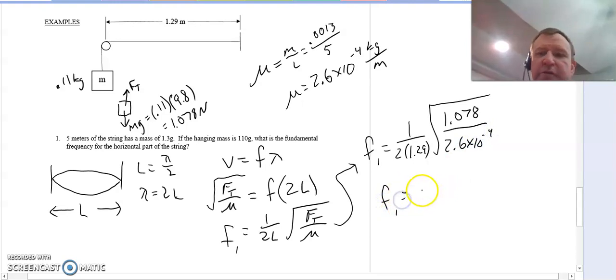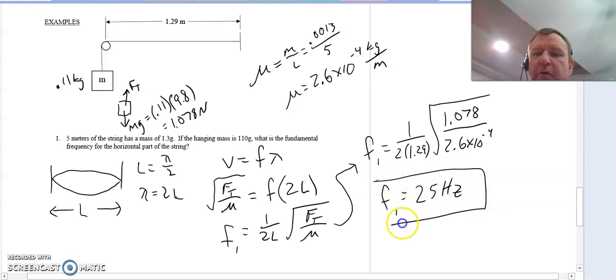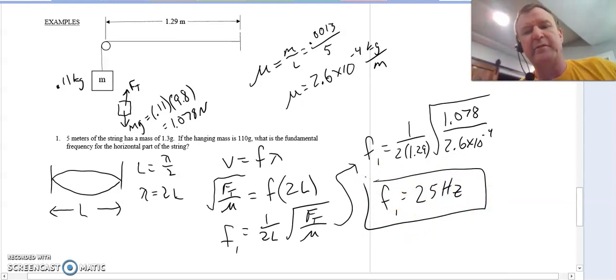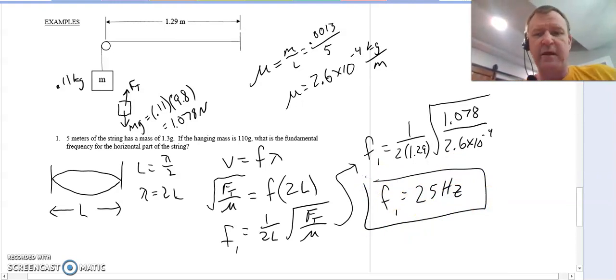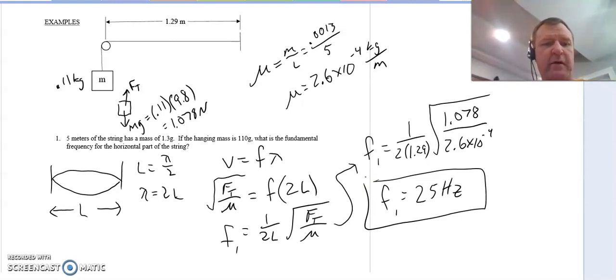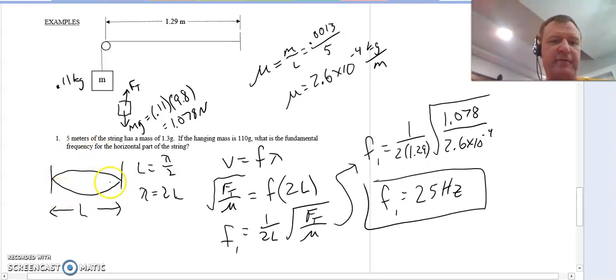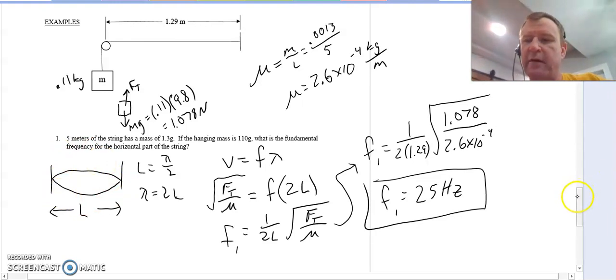When we solve this, we should get about 25 hertz. Like I said, I'd have this set up in class, I'd punch in 25 hertz on the oscillator, and we would see that nice first harmonic, that fundamental frequency, just one big loop moving up and down like that.